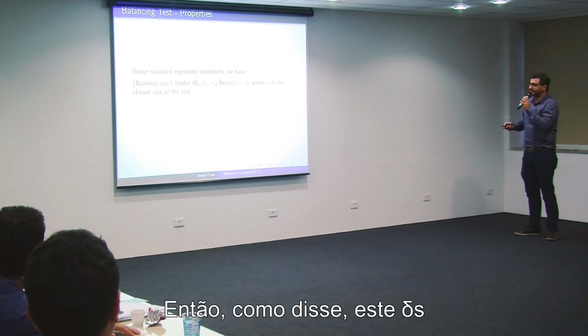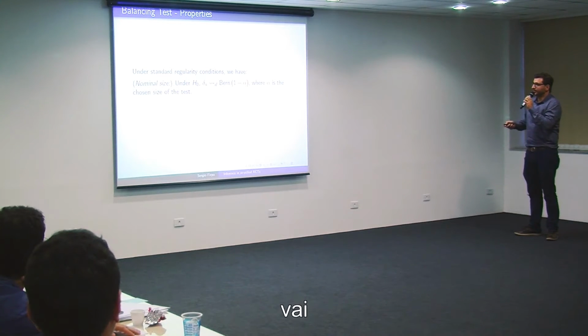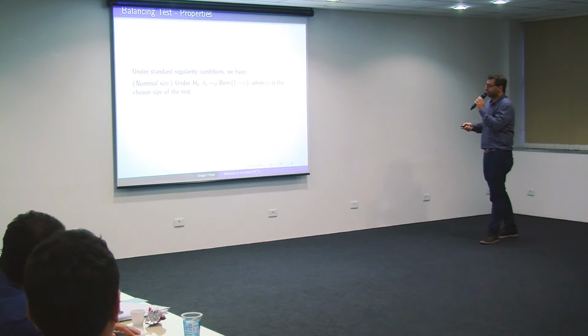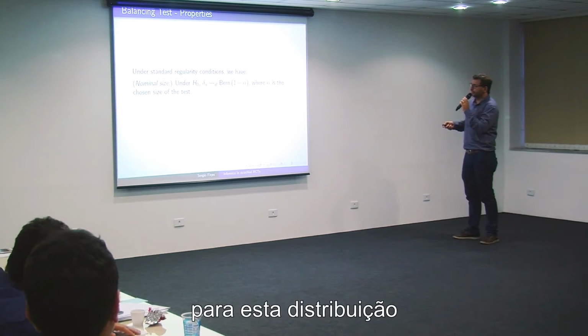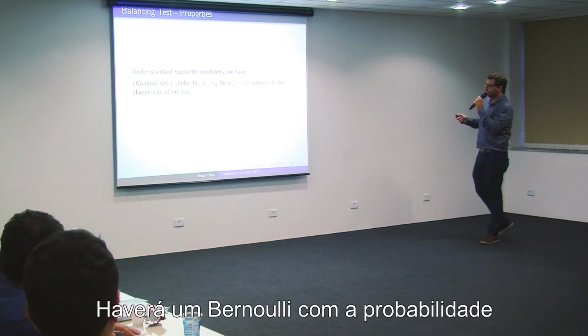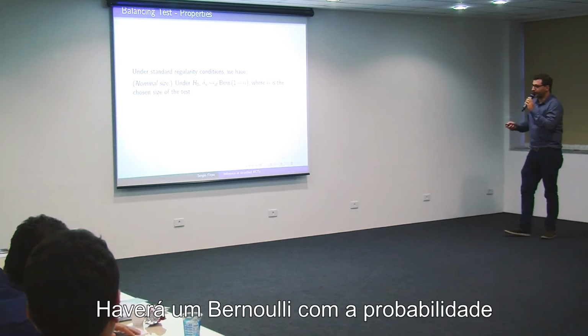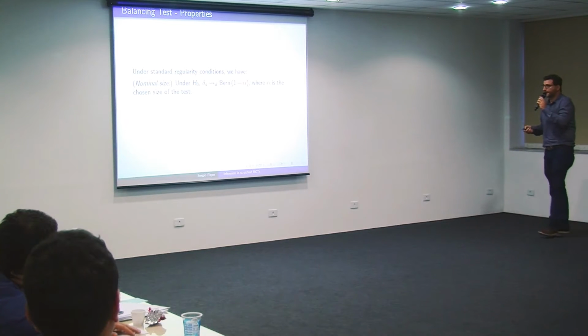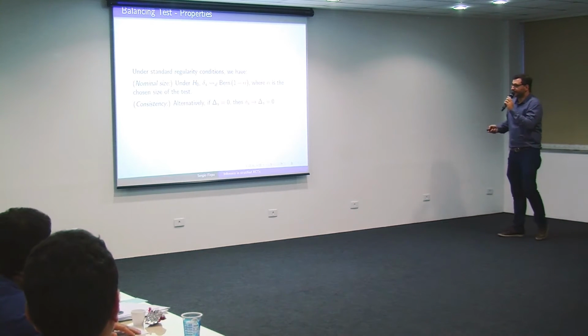As I said, this delta_S is going to converge to this distribution here. It's going to be a Bernoulli with probability 1 minus alpha of being equal to 1.